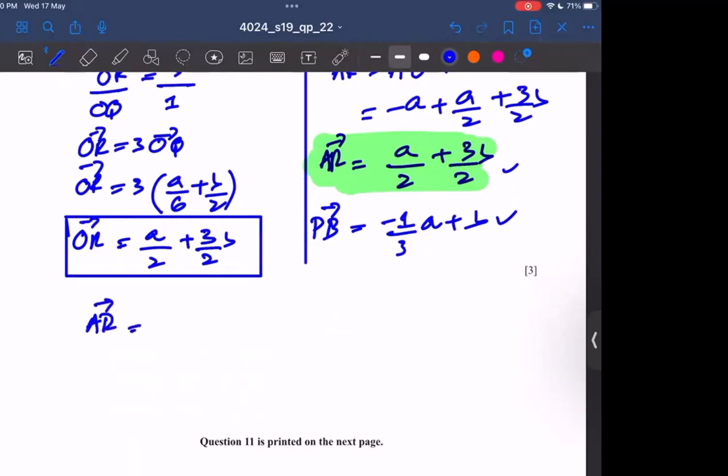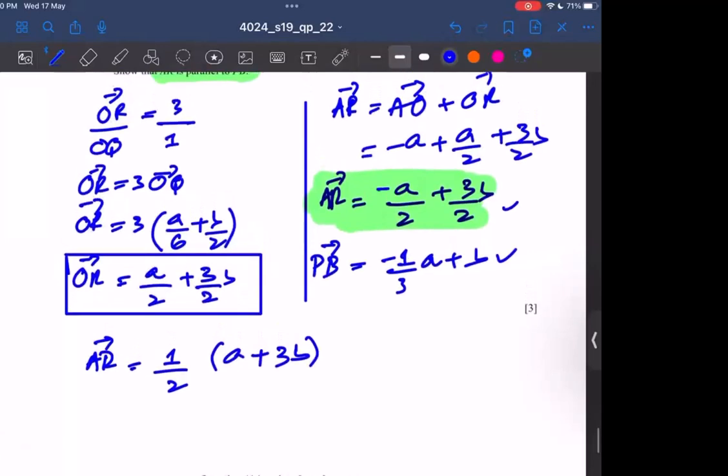I took the common factor here, which is 1 by 2. So you might find it very feasible now. So I got 1 by 2 common, I got minus A plus 3B here. Minus A plus A by 2 is minus A by 2. So this one is minus A. I got the AR copied and I got the minus 1 by 2.